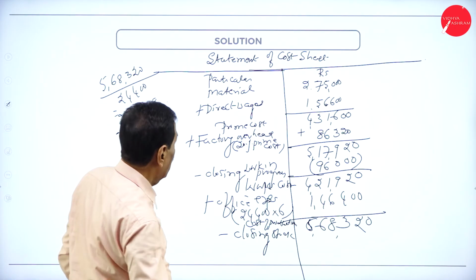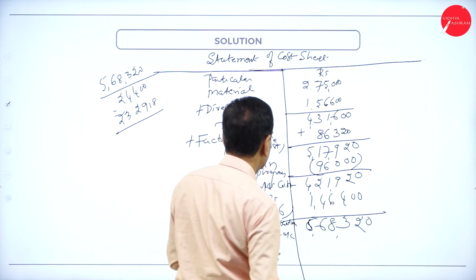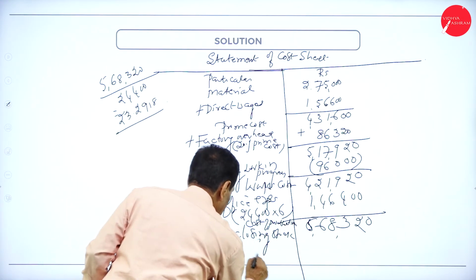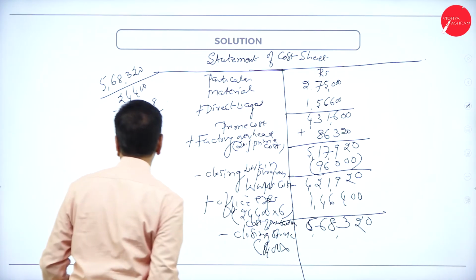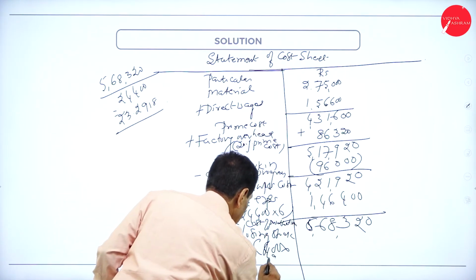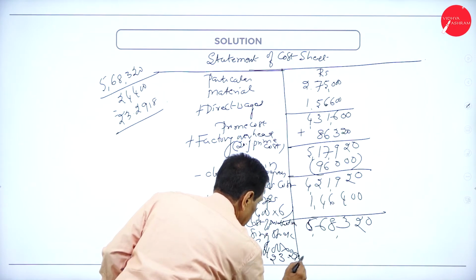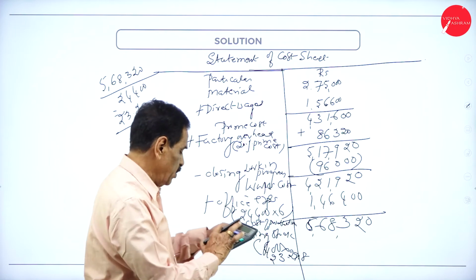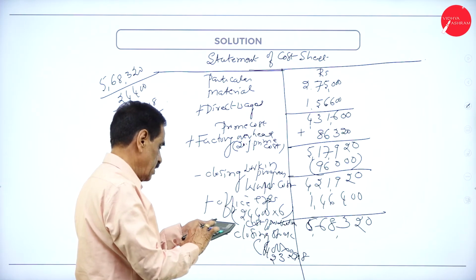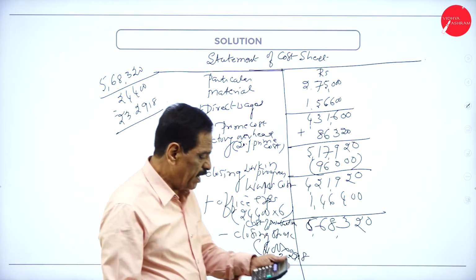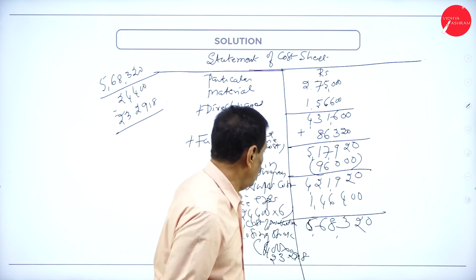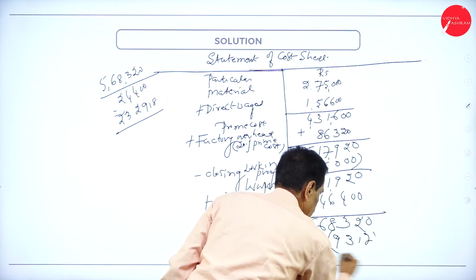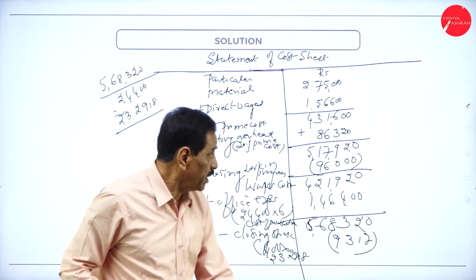Closing stock, how many units are there? 400 units. 400 into 23.2918 works out to 9,317. We'll continue with that.